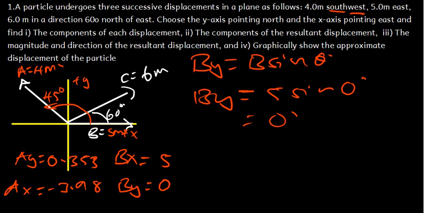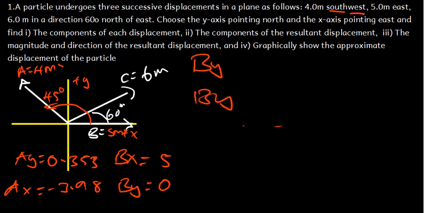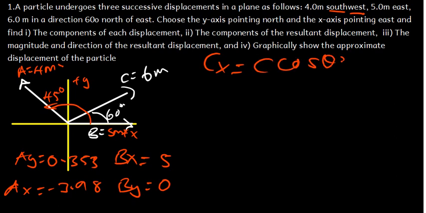Let's now go to vector C. We are going to have Cx. Cx is going to be C cos theta, where C is 6 and the angle is 60 degrees.